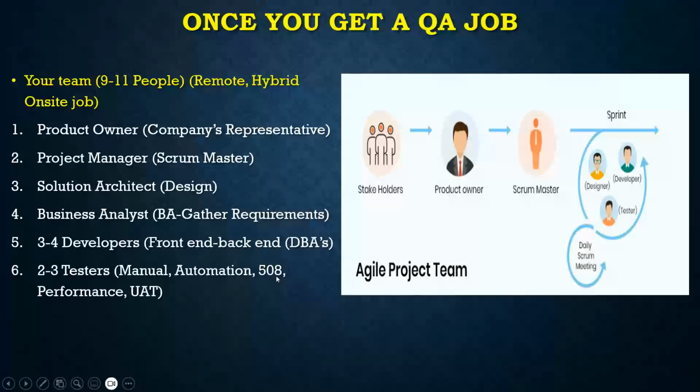Let's say you are hired as a 508 tester. A 508 tester is nothing but an accessibility tester. Let's say a person is color blind. He cannot see red, green, and blue color. So how, as a 508 tester, would you figure out this web page? On this web page, you are checking color blindness functionality. You will use a tool we will call Andy. Andy will tell you this color is not meeting the expectation, and color blind people cannot see this color.